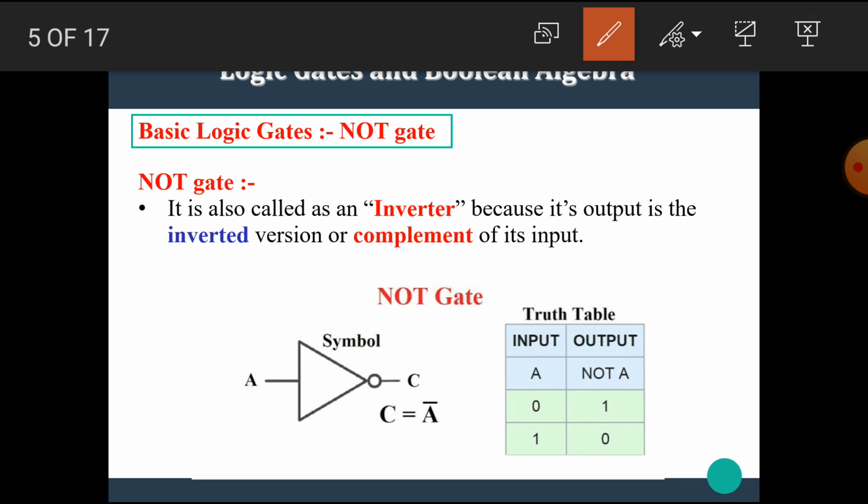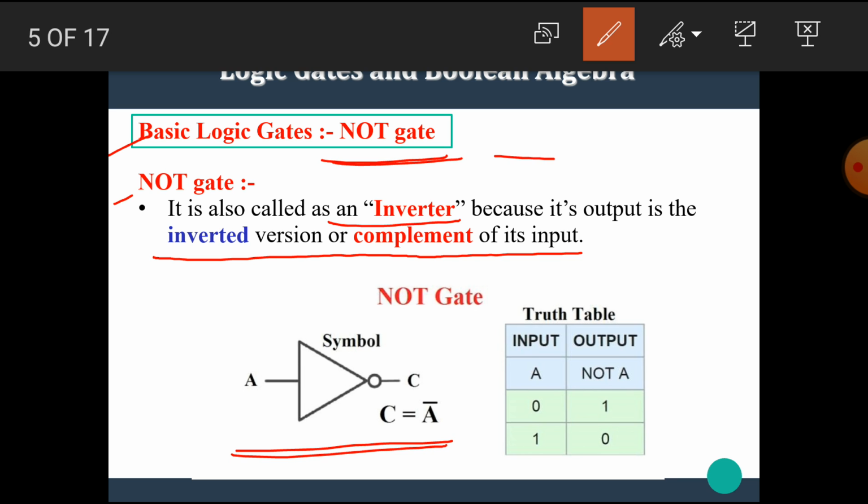The first gate is the basic logic gate, NOT gate. It is also called an inverter because its output is the inverted version or the complement of its input. This is the symbol of NOT gate.